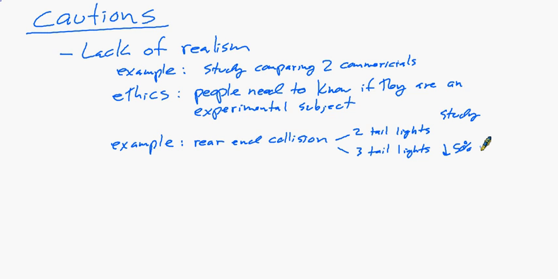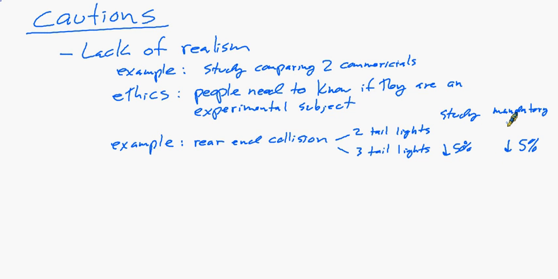Well, that seems quite significant. So it was actually mandated. After a certain time, I think it was 1986, that there had to be a third taillight in all manufactured cars. Sometime later, they did a study to see about the rear-end collisions, and it was down about 5%.